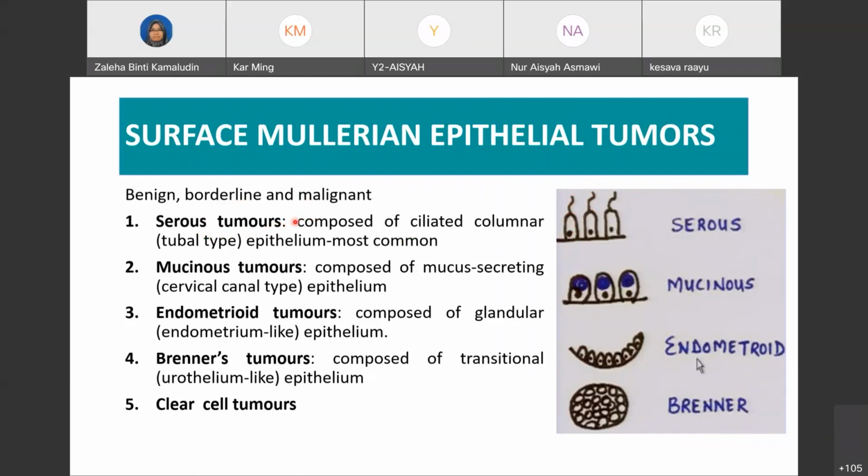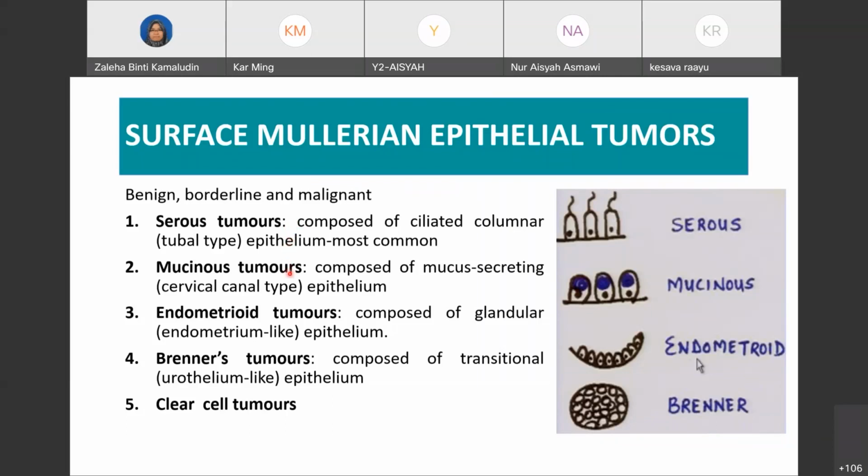So that's why we call it serous cystadenoma. Okay, and for the borderline, we call it a serous borderline tumor. And for the malignant, we call it a serous adenocarcinoma, right? Or the previous name, we call it a serous cystadenocarcinoma, because obviously this tumor forms cystic spaces as well. All right.